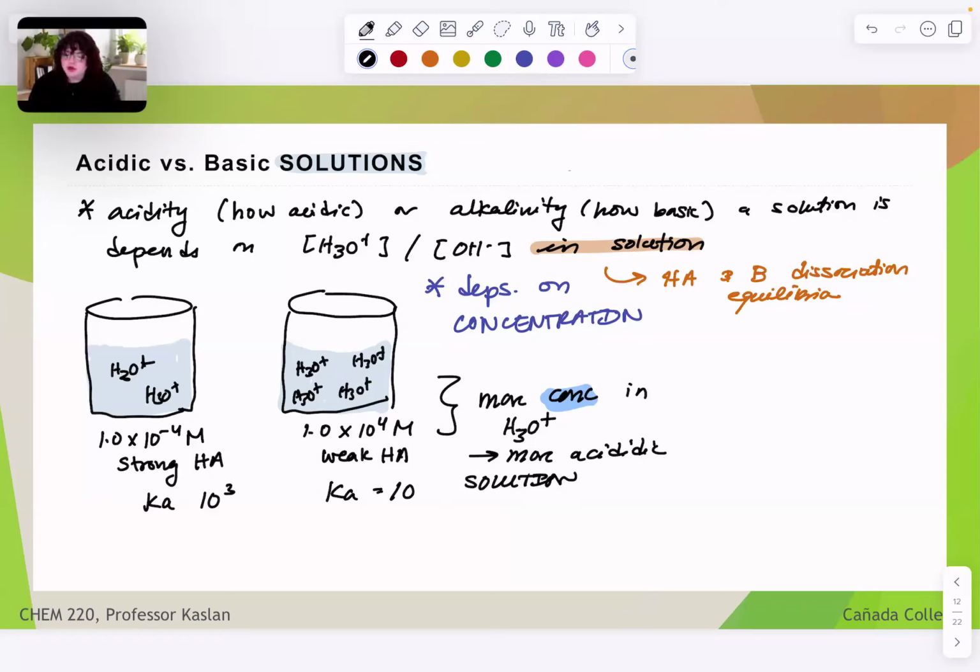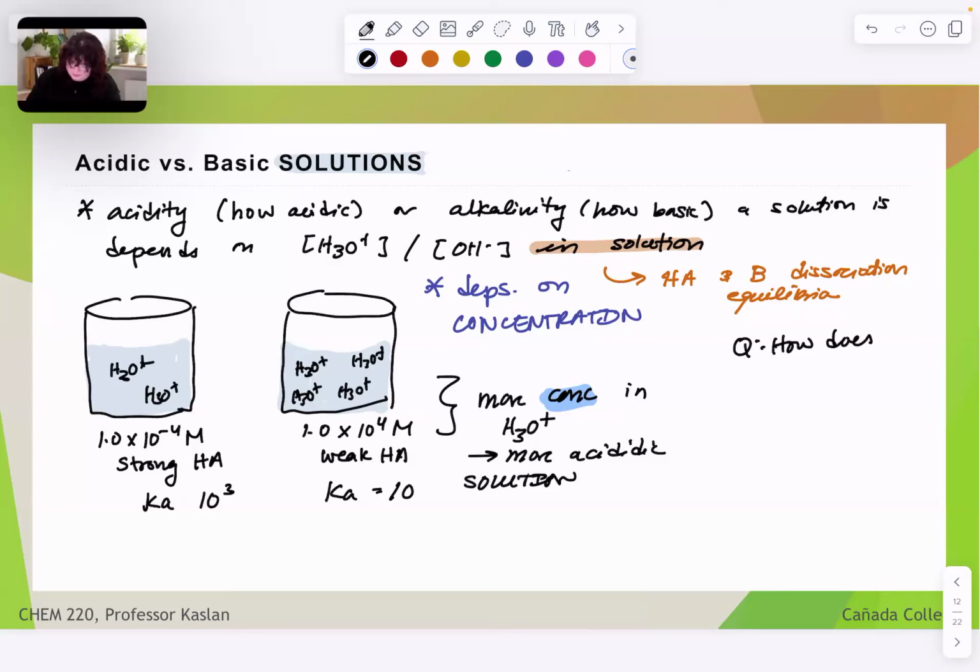There's a direct proportionality that might exist between some variable X and another variable Y. However, when it comes to how the concentration of acid, for example, impacts what you and I perceive as the acidity of the solution, it turns out this is an exponential relationship.